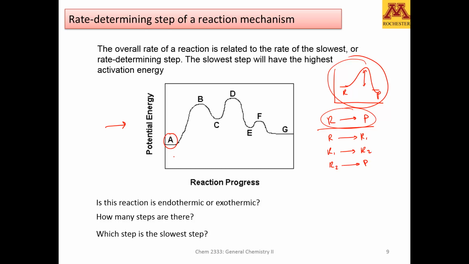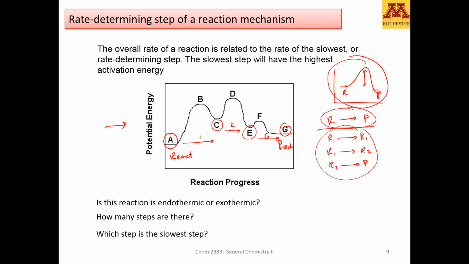In this case, A would be your reactants and G will be your products. And notice that, first of all, how many steps will we have? We'll have the first elementary step going from A to C, the second elementary step going from C to E, and finally the last elementary step going from E to G. I'm not willing to call C and E intermediates because we would need to look at the overall combination of elementary steps, but it's definitely an intermediate step.